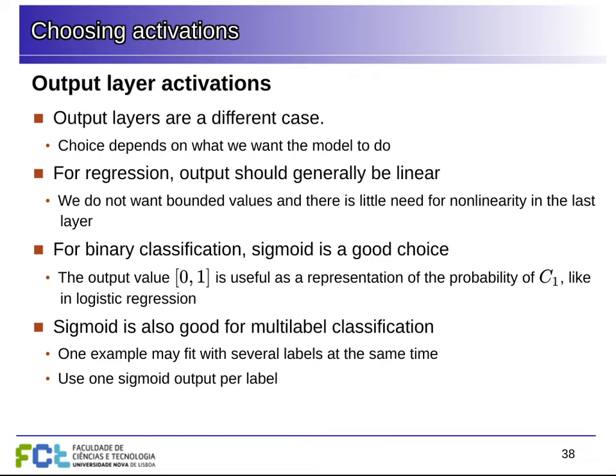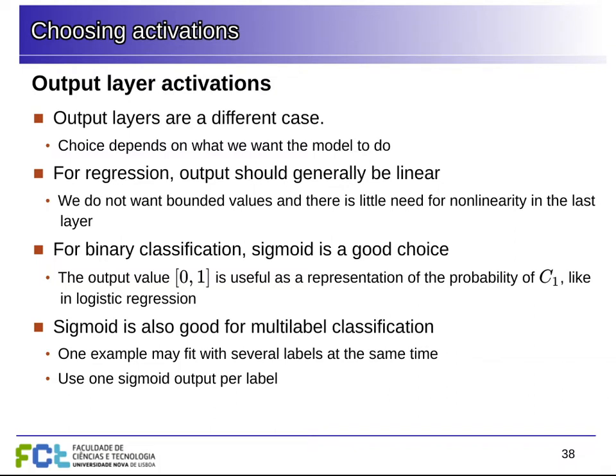So usually when we are doing regression, in a univariate regression problem where we're trying to predict a single value, the output will be just a single neuron with a linear activation. That is, we do not add any activation function, we just use the linear part of the neuron.